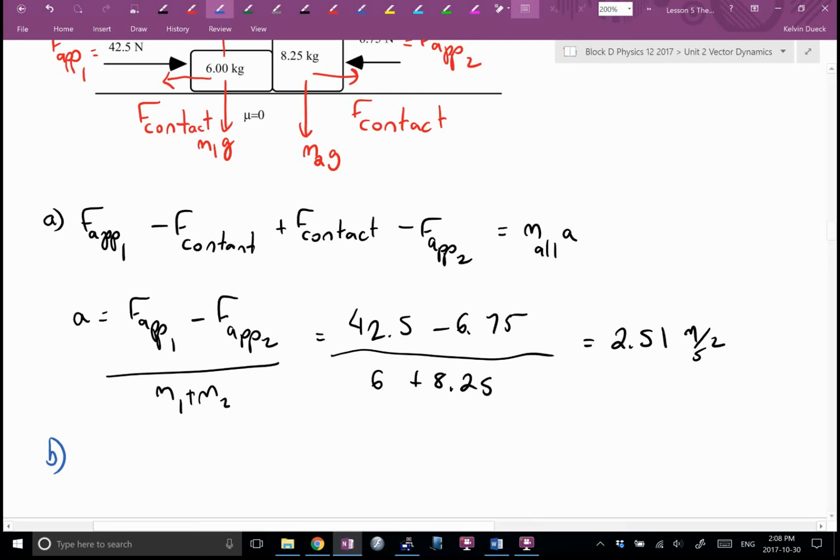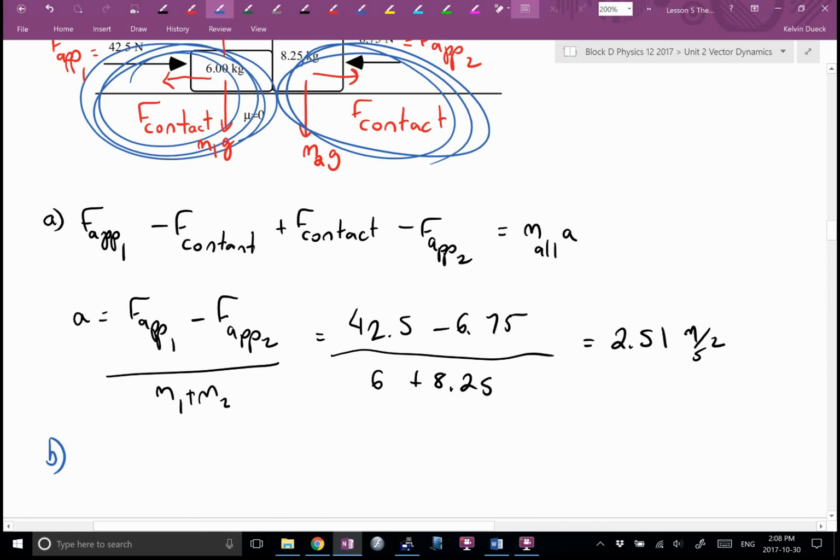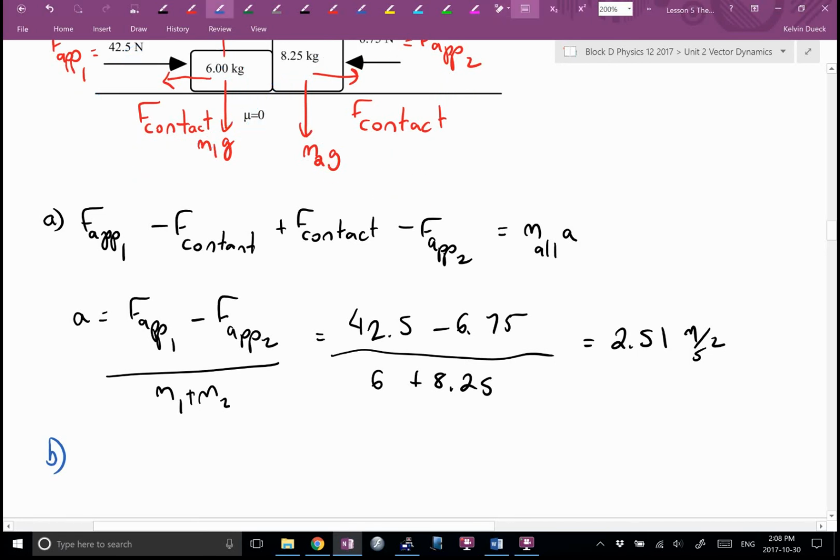So which mass has the contact force pointing to the right? What's the equation for the second mass?